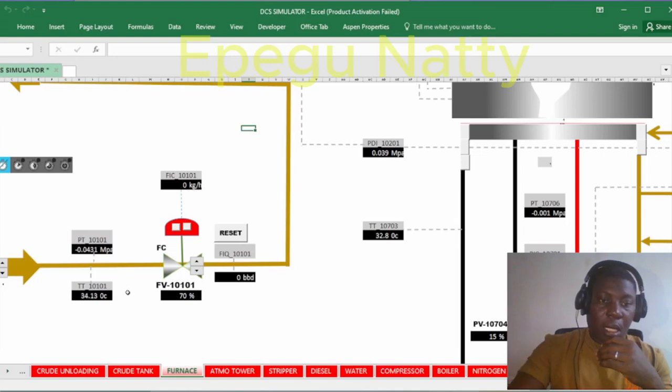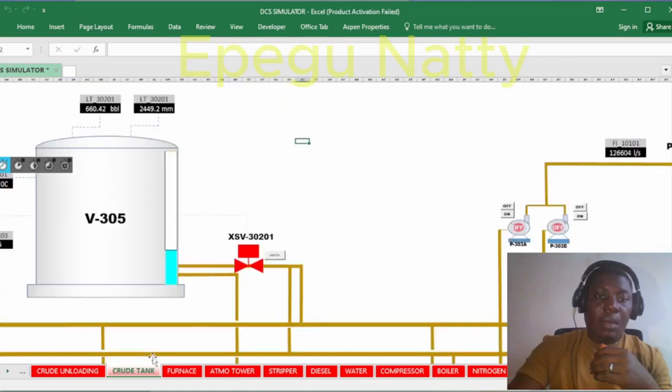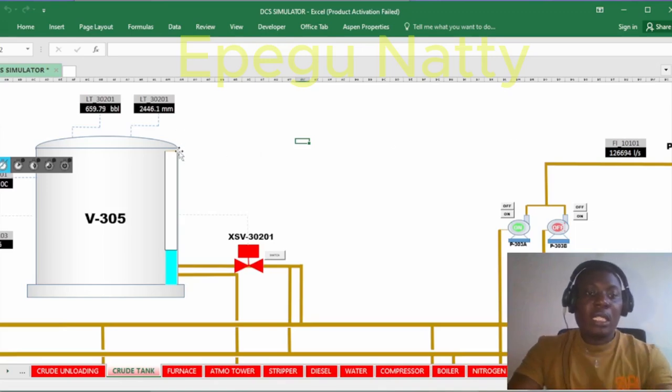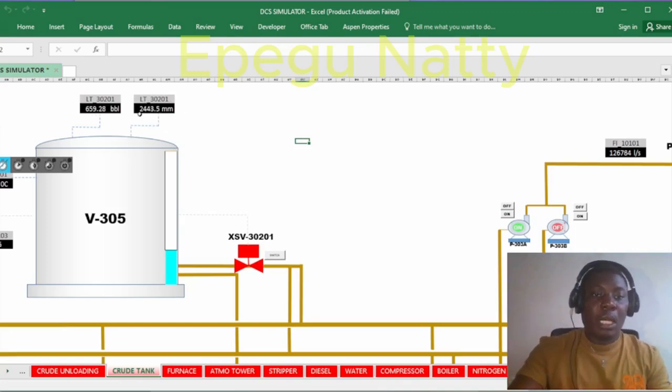All right, and what else? We can decide to use this to reduce and increase the control valve. Let me do this again. This time around, let's use the A. So I put on A. Notice our LT 30201 is going down gradually, and notice the level coming down gradually too from here.